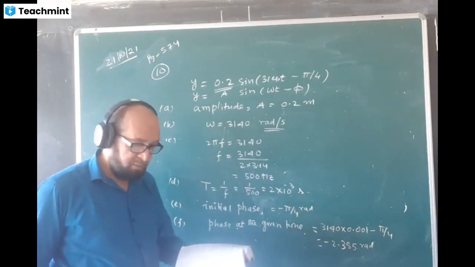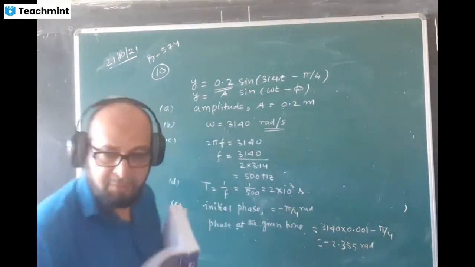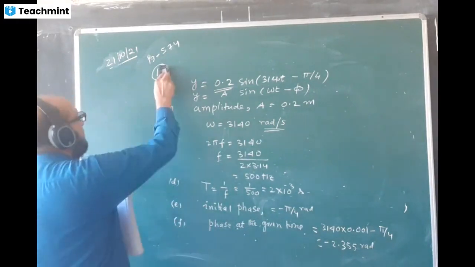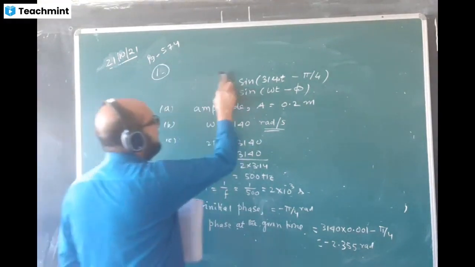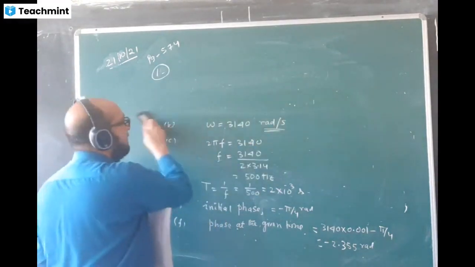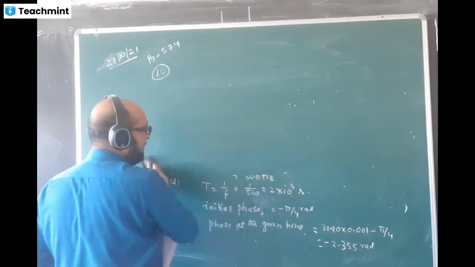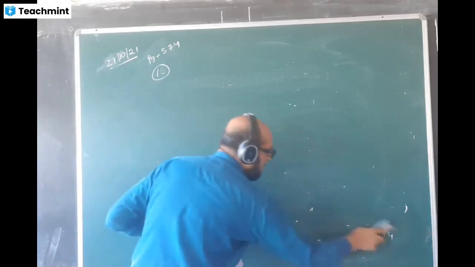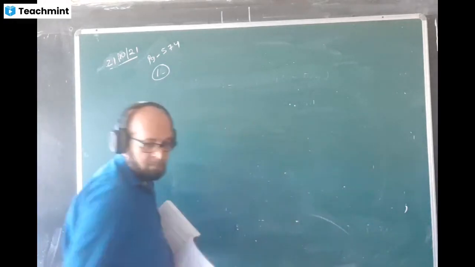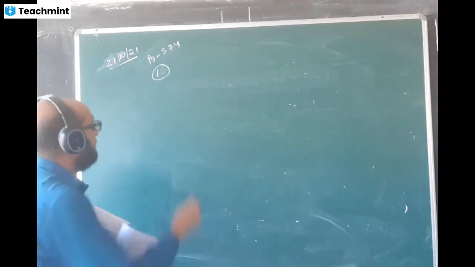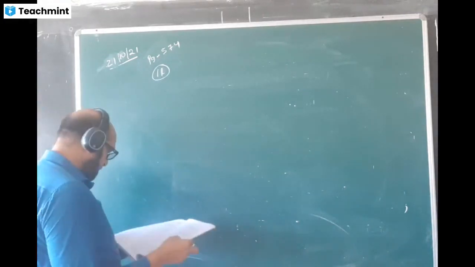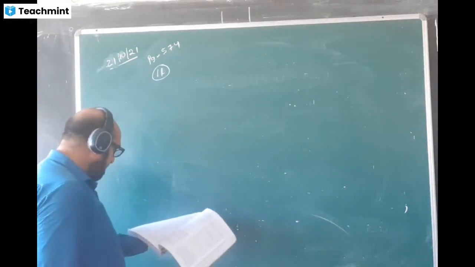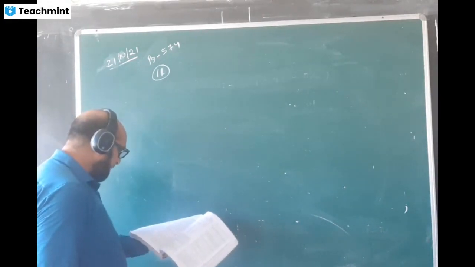Now I'm doing question number 11. Next question is number 11. Same page. Number 11. Find the velocity for a SHM oscillator.